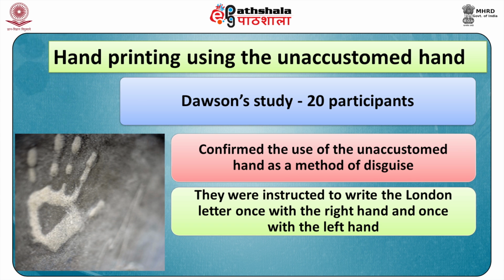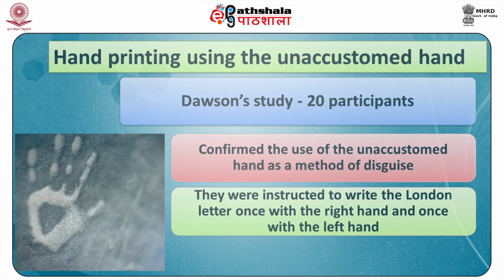Dawson's study confirmed past research regarding the use of the unaccustomed hand as a method of disguise. His study was comprised of 20 participants who were instructed to write the London letter once with the right hand and once with the left hand.